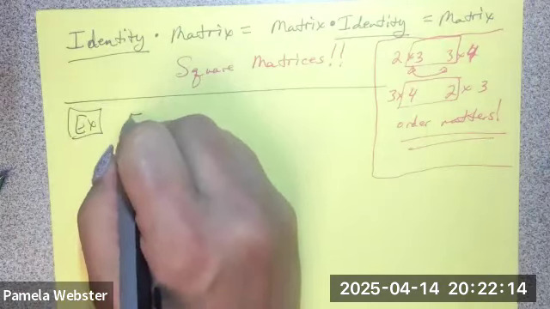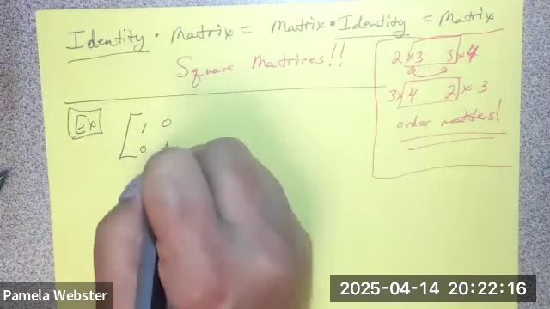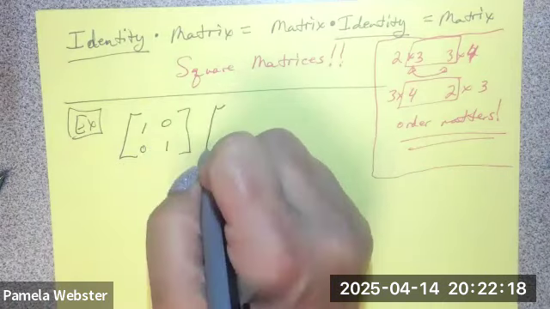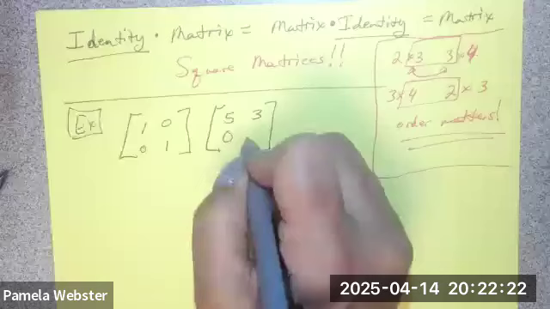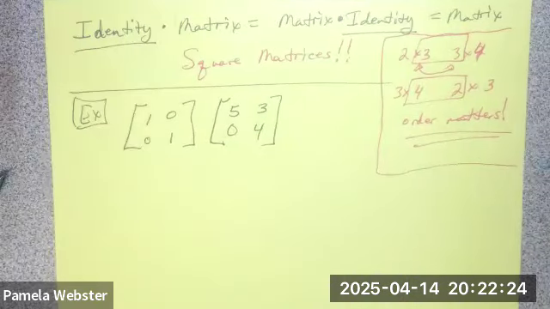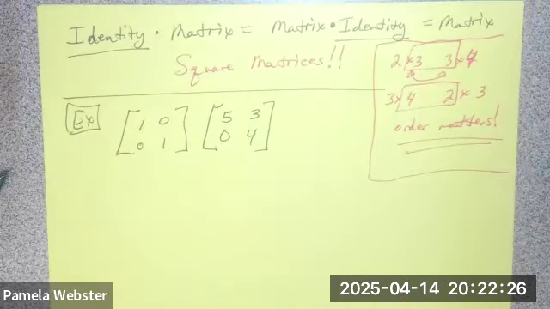Multiply [[1,0],[0,1]] times [[5,3],[0,4]]. Okay, so this is a good opportunity to practice our multiplication of matrices and make sure we all got it okay.